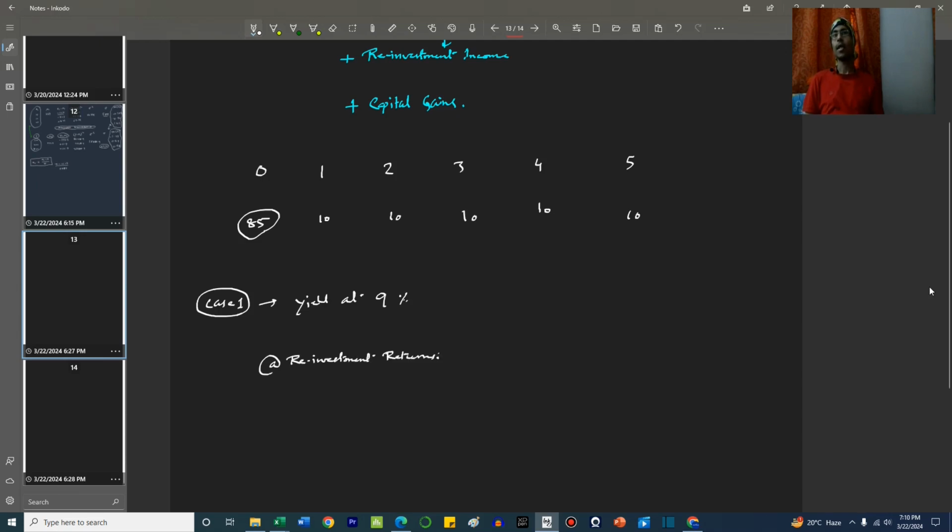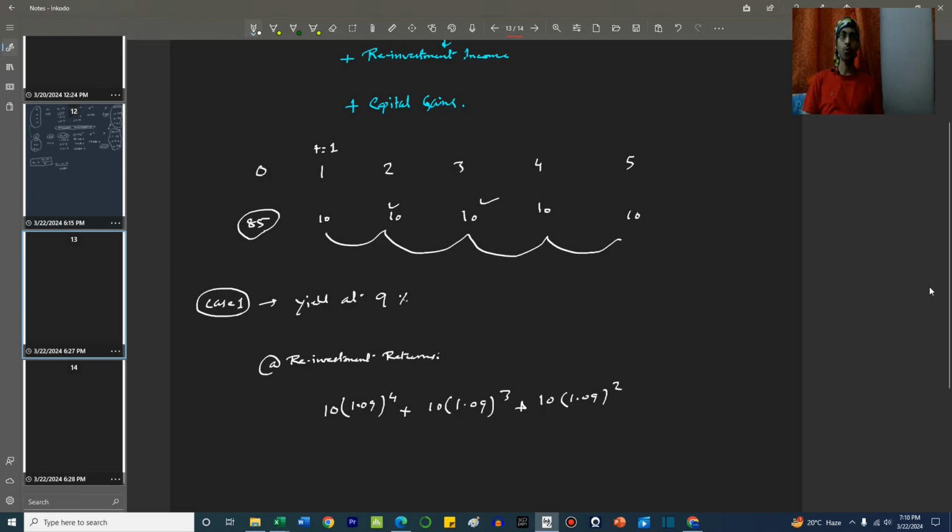This coupon is received at t equal to 1. Therefore, it can compound 1, 2, 3, 4 times. So 10 into 1.09 to the power 4, plus this coupon 3 times, 10 into 1.09 to the power 3, plus this one 2 times, 10 into 1.09 to the power 2.